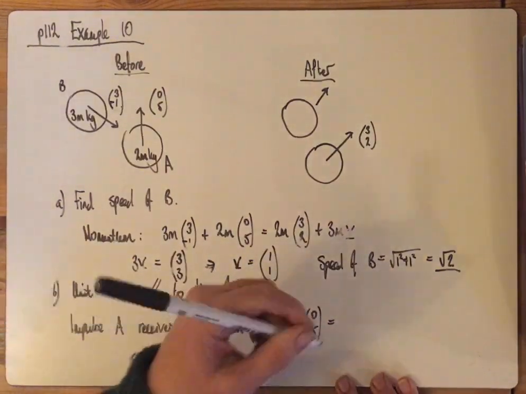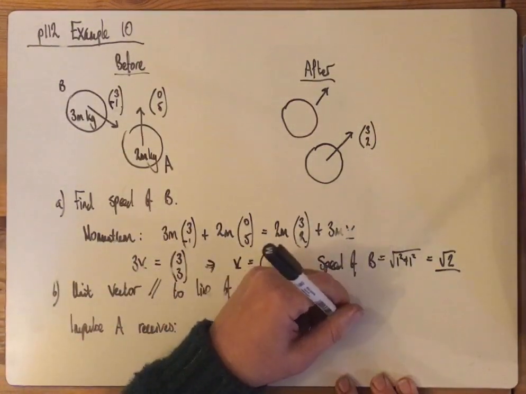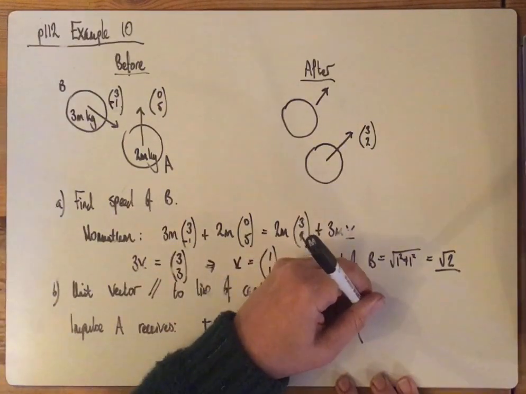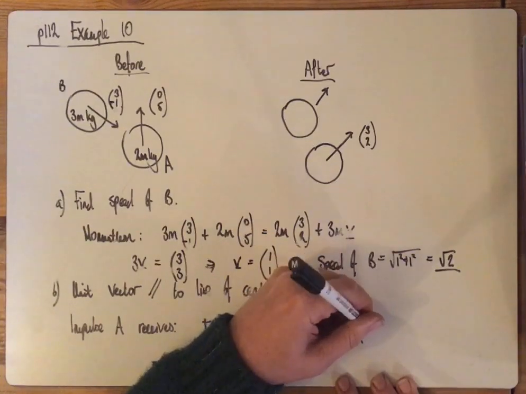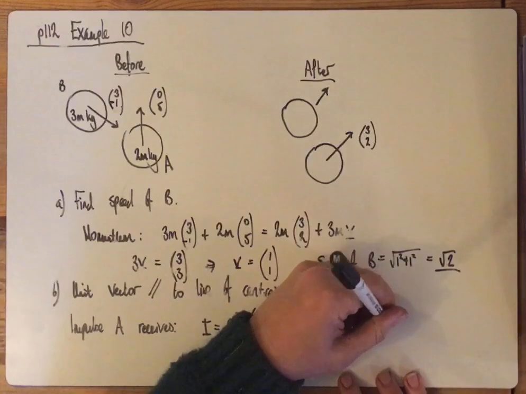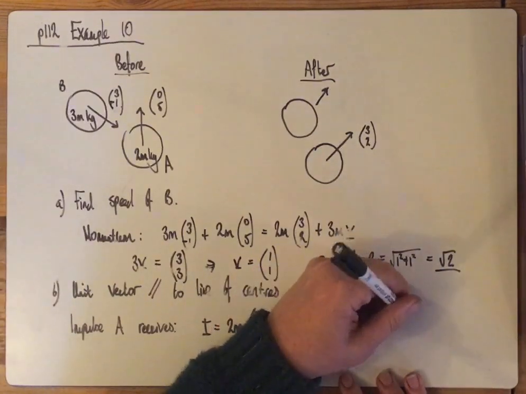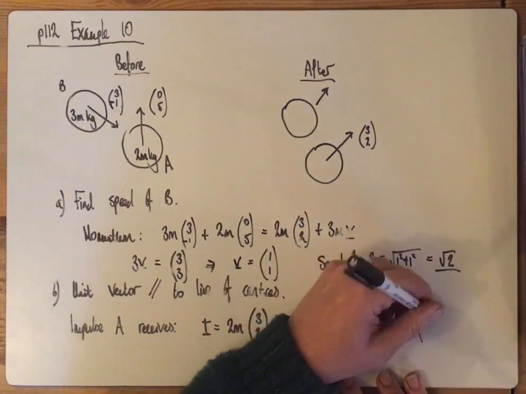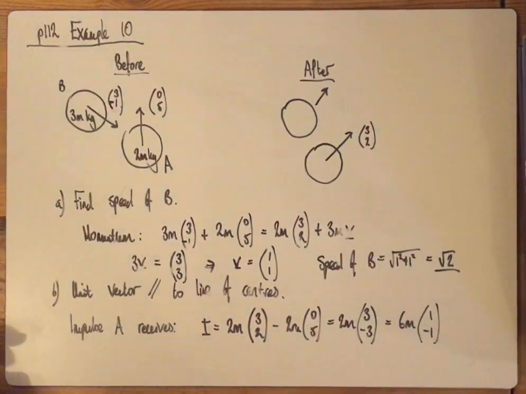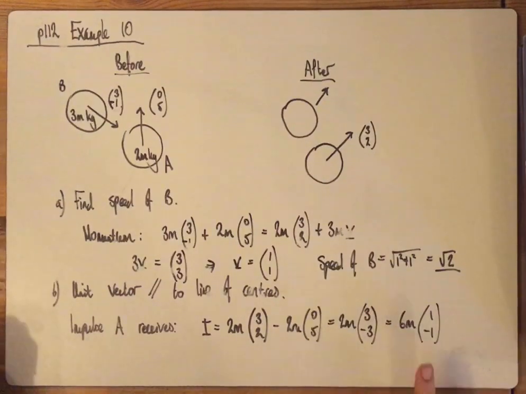So that's going to give me 2m lots of 3 minus 3. Which is, I can pull a 3 out of there, so that's equal to 6m, 1 minus 1. So we want a unit vector in the direction of the impulse. So the direction of the impulse is 1 minus 1.